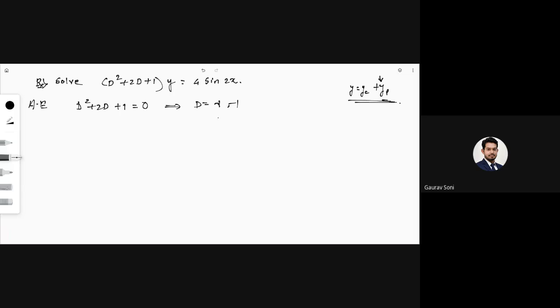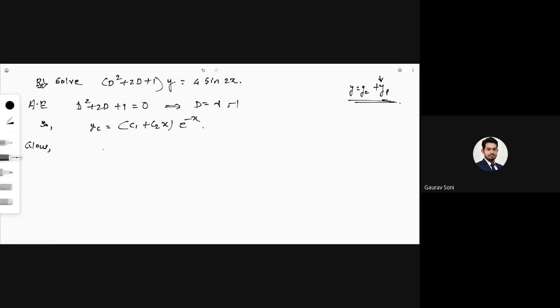Now the roots are real and repeated. So yc is equal to c1 plus c2x, e to the power minus x. This we have seen. Whenever the roots are real and repeated, you will have to take c1 plus c2x.